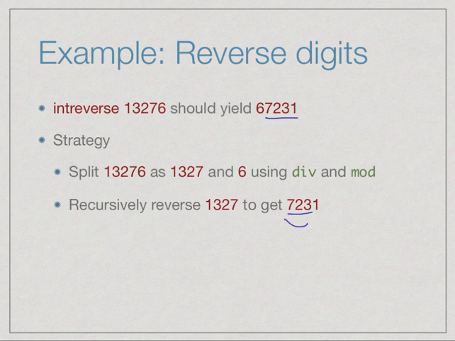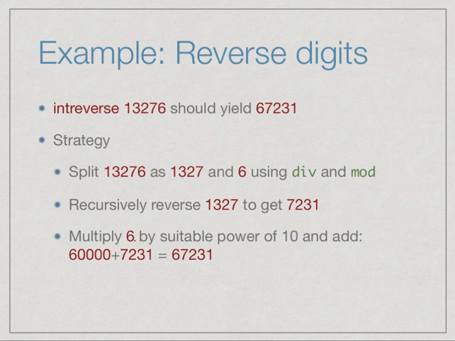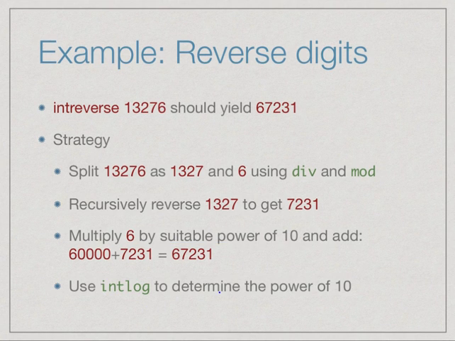Now we need to stick a 6 in front of it. So how do we get 6 in front of it? We have to shift 6 to the left, which means we have to pad it with zeros. So we have to multiply 6 by a suitable power of 10 and add it. So we have to take 6 and make it 60,000 and add it. And the question is, how do we get the suitable power of 10? It turns out that the suitable power of 10 is just the number of digits that we have here.